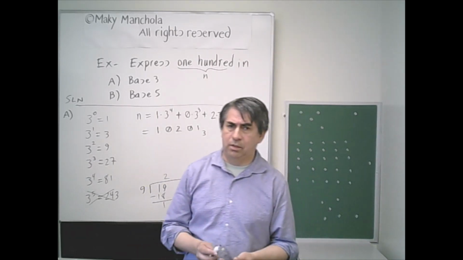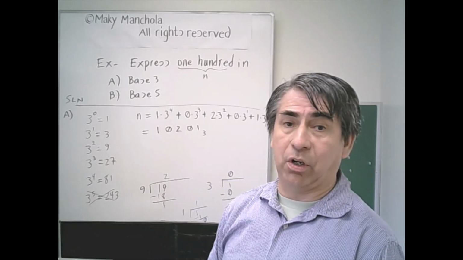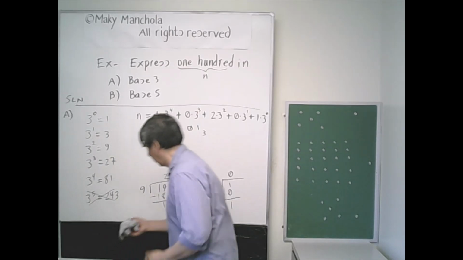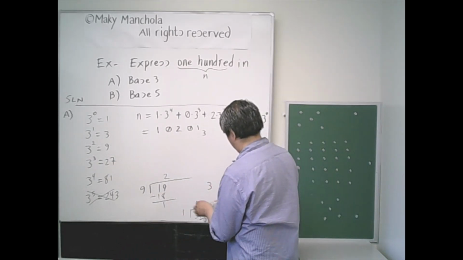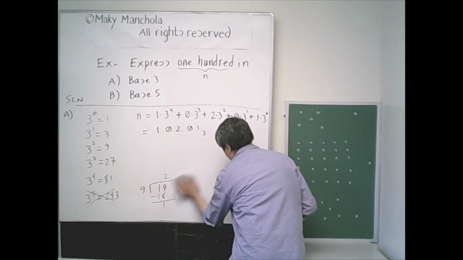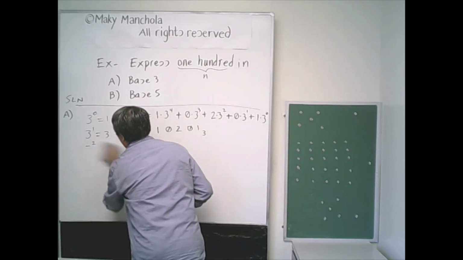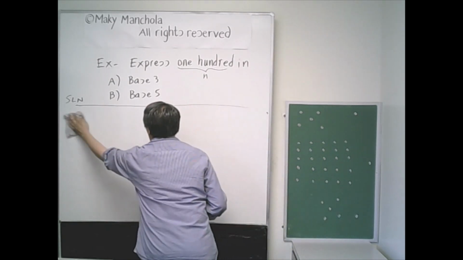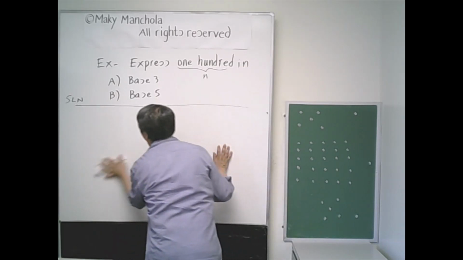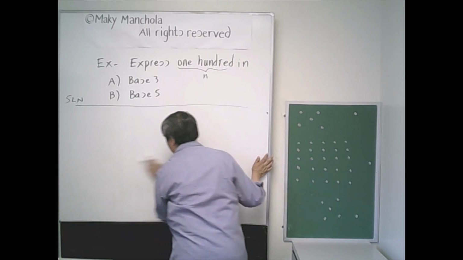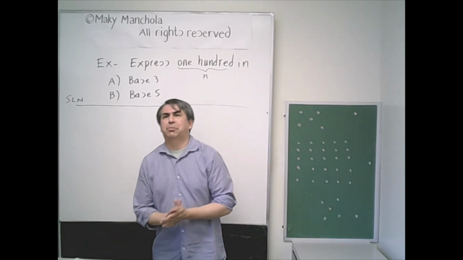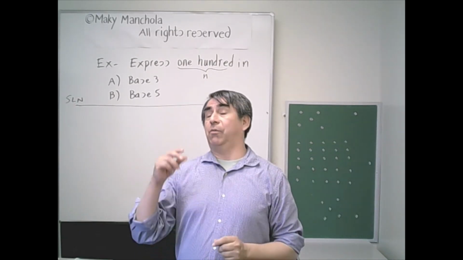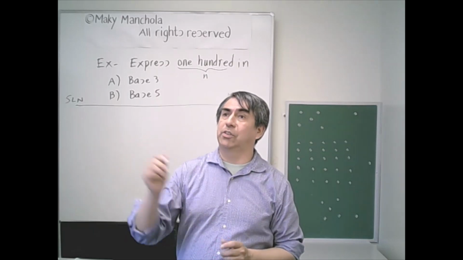Okay, next one. I want to express 100 in base 5. So how can I express 100 as a combination of powers of 5, beginning with 5 to the 0, 5 to the first, 5 squared, and so on?